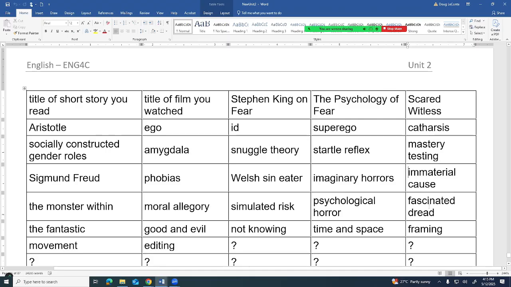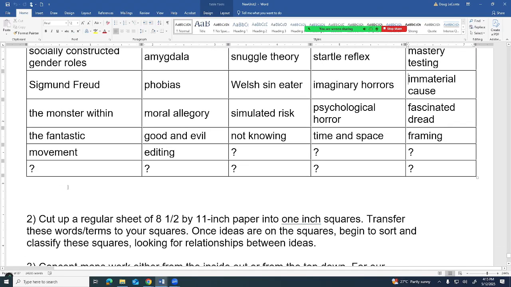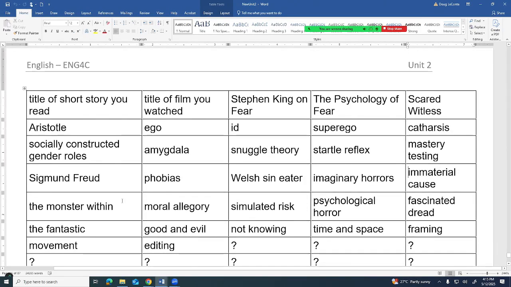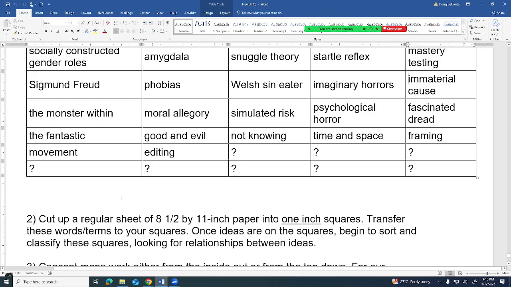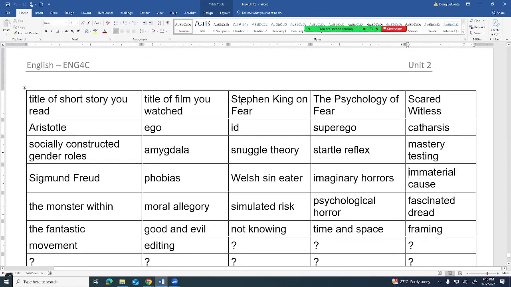Fascinated dread. The fantastic. Good and evil. Not knowing. Time and space. Framing, moving, and editing. So these last three, of course, are elements of film. So it's a good start, but far from complete.